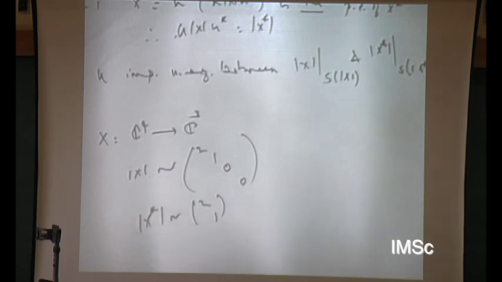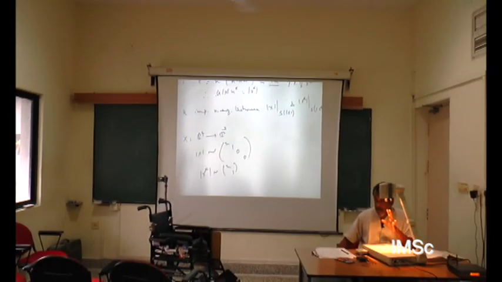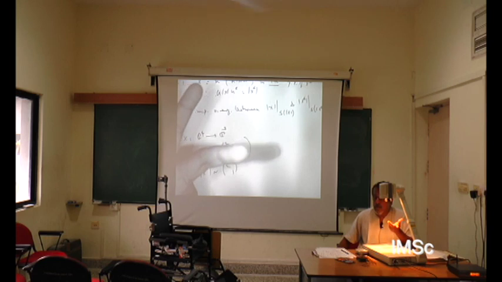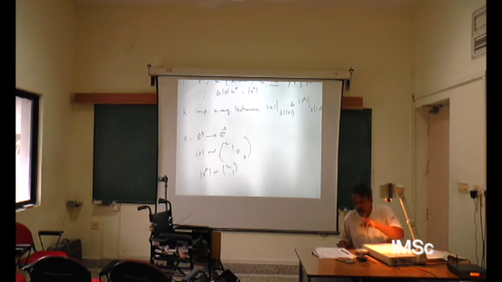See, if you take the unilateral shift, it's an operator on A2. What is its polar decomposition? What is mod U? Maybe not say U. Suppose S is the unilateral shift.